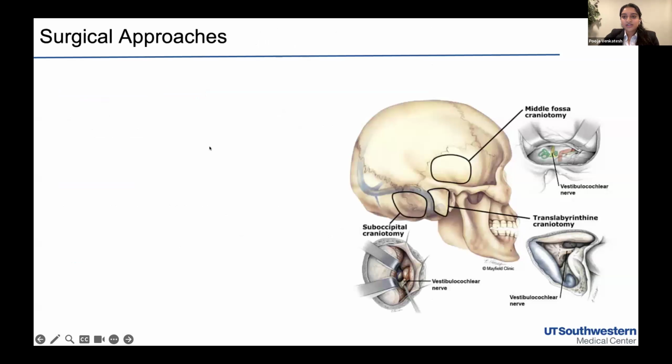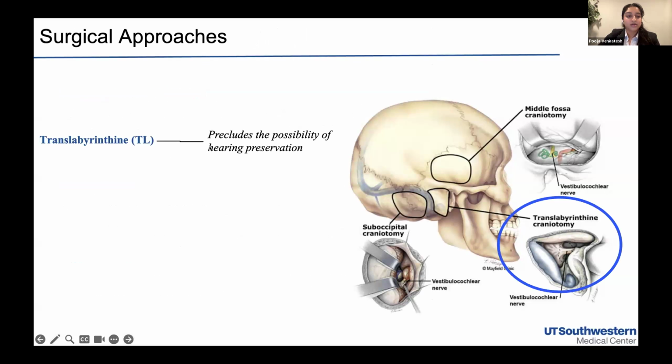I won't go into too much detail on surgical approaches because I know the audience generally knows, but just as a little refresher, there are mainly 3 types of approaches for vestibular schwannoma resection. There's the translabyrinthine approach highlighted here, which precludes the possibility of hearing preservation as you go through the internal auditory canal and drill through the bony labyrinth and inherently cause hearing loss during this procedure.